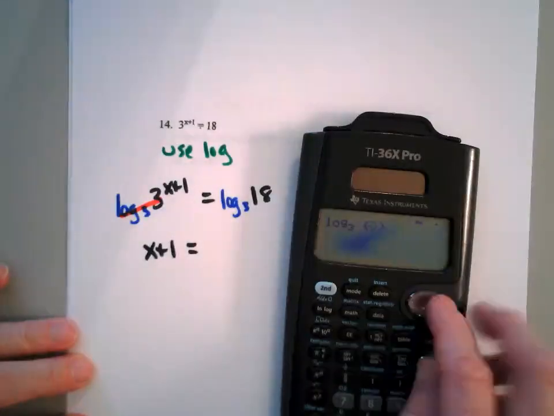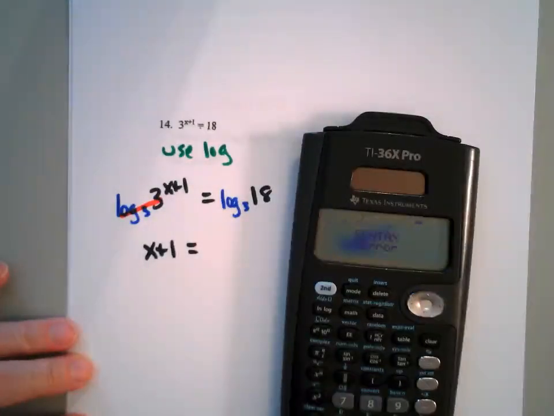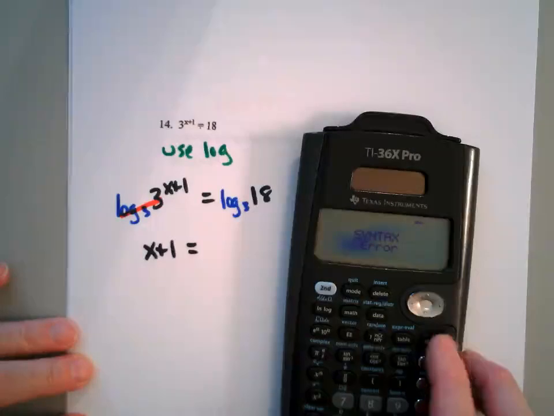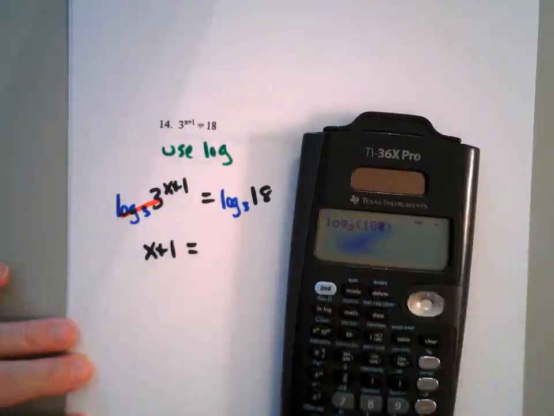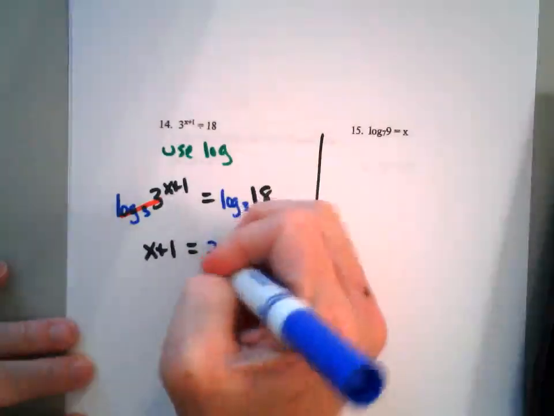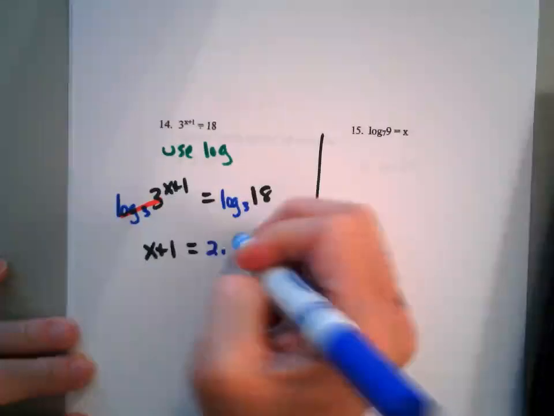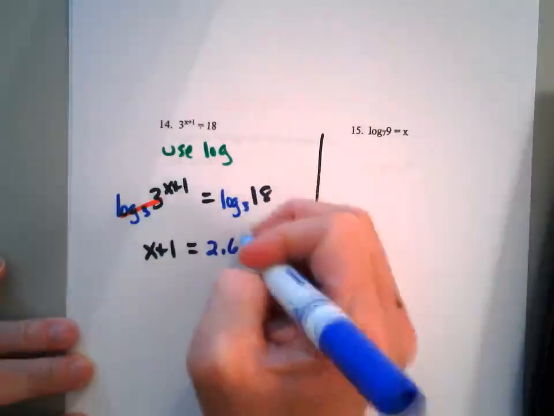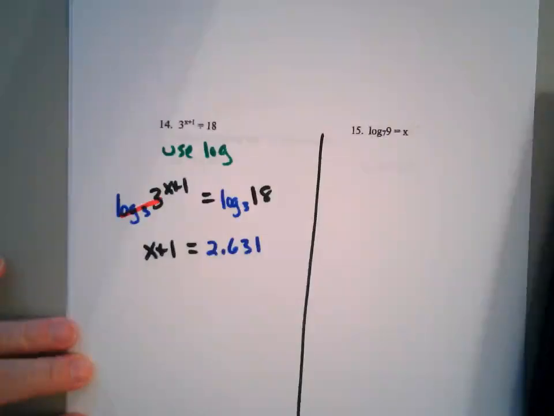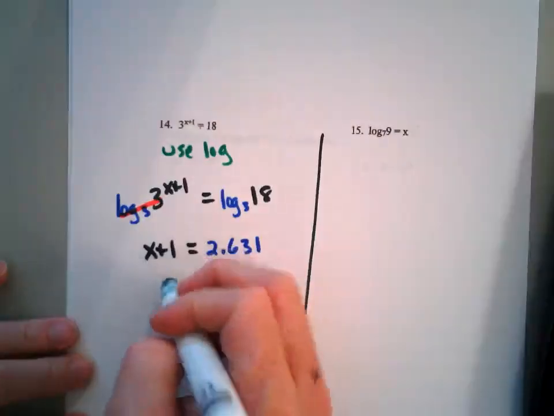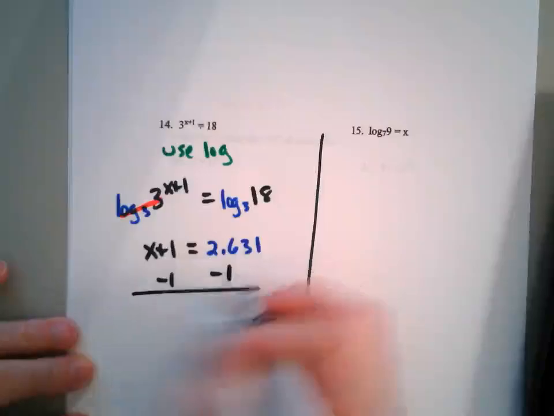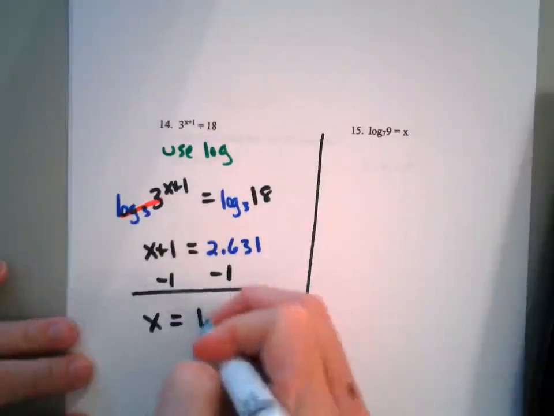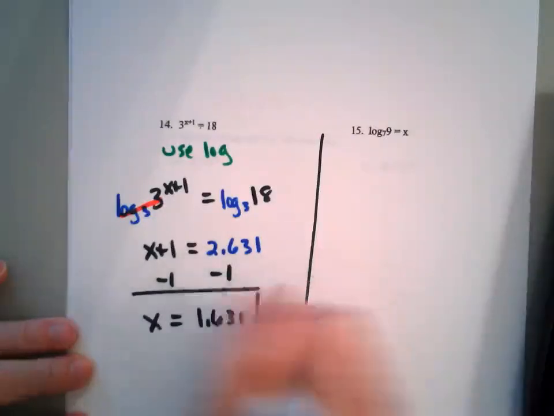Log base 3, 18. Whoops, hit the wrong button. It's 2.6301. Finish solving the equation. Subtract 1. x equals 1.631.